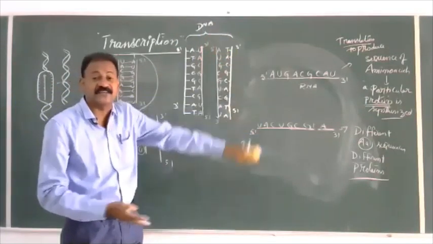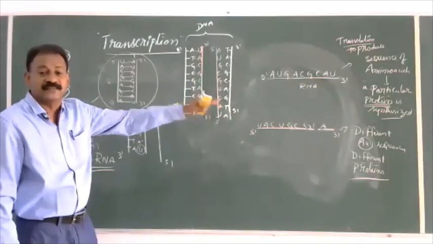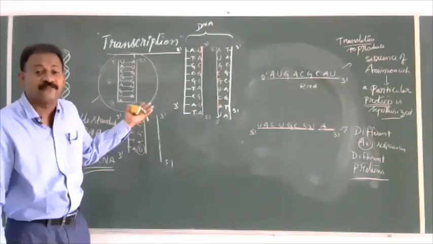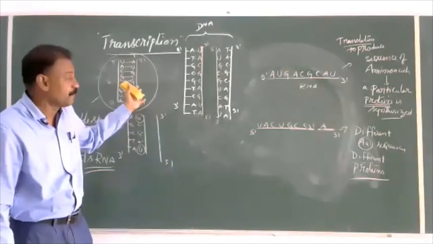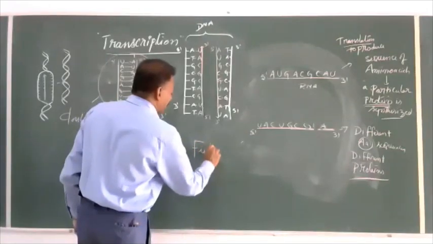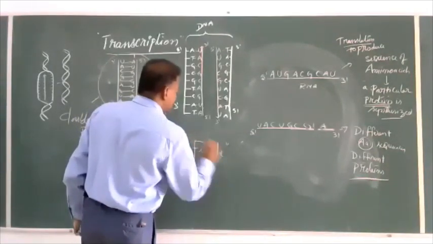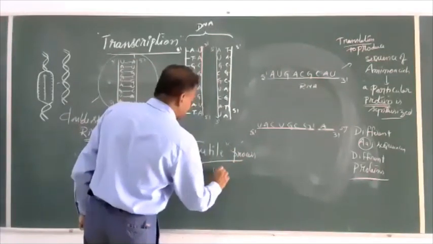So the process of translation stops. When the process of translation stops, there is no meaning of transcription, production of RNA here. So it becomes a futile process. Futile means a waste process.